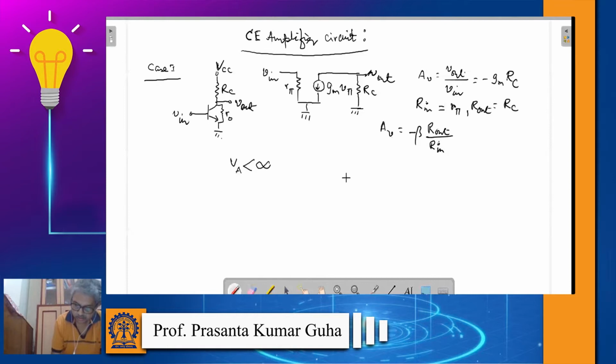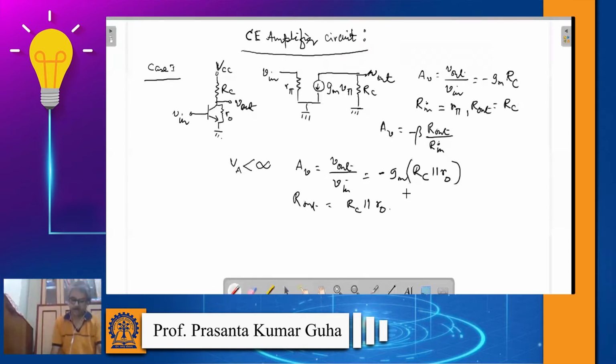Then this gain will change a bit, because then the gain will be RC parallel R naught, okay, and the corresponding output resistance will also change, okay, right, but Rin will remain the same, okay. So again, this part also we have discussed in the last class.